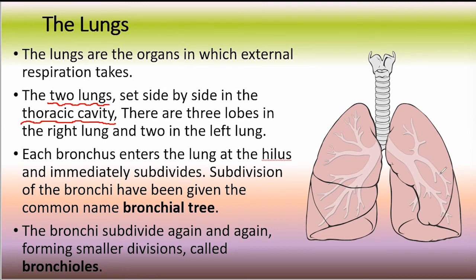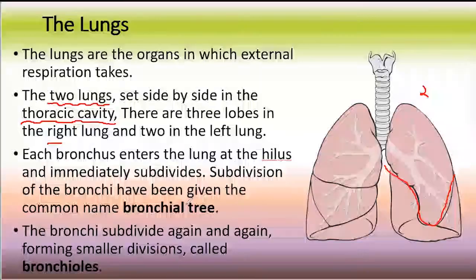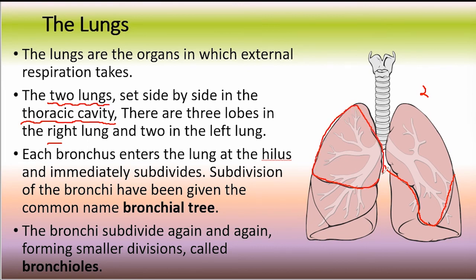They are separated into lobes. On the left side, they are separated into two lobes, like separated from here, an upper one and a lower one. On the right side, they are separated into three lobes: the upper one, the middle one, and the lower one.